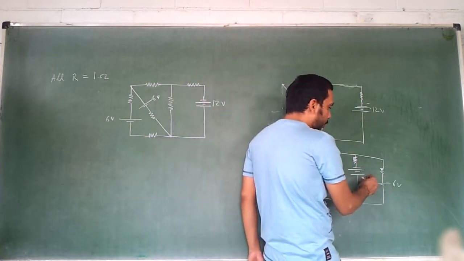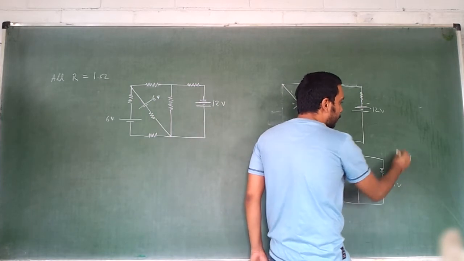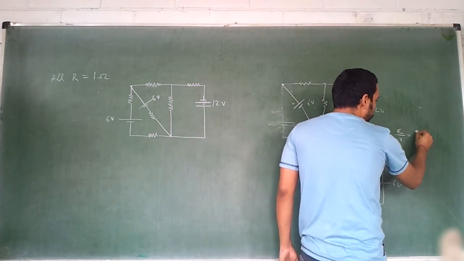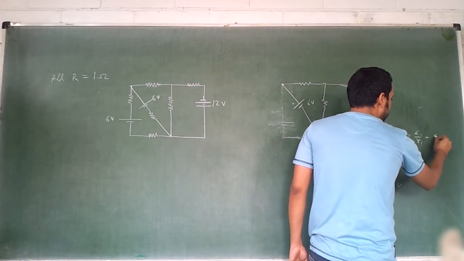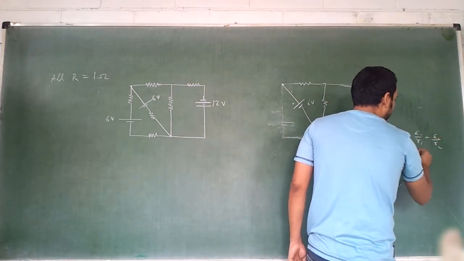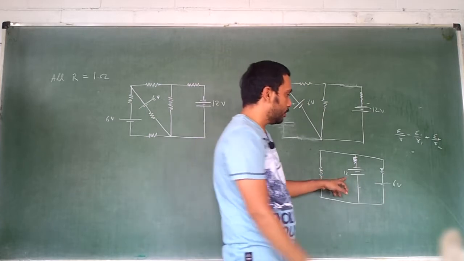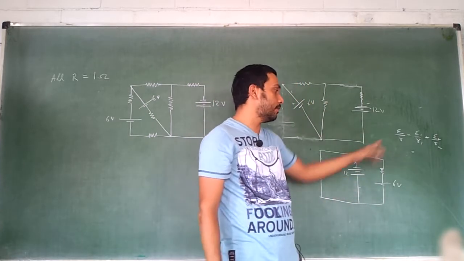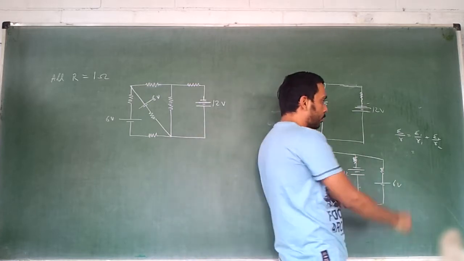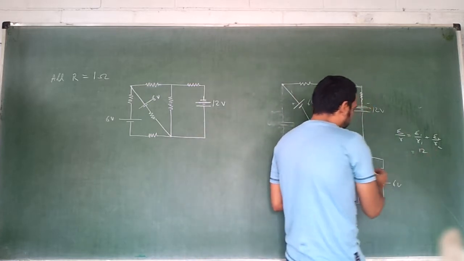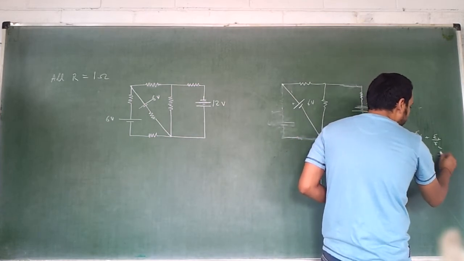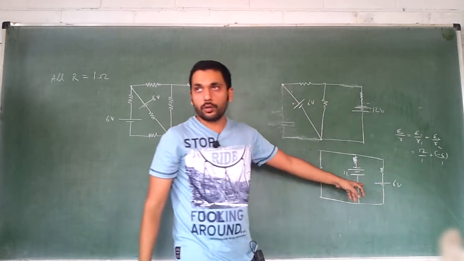It has got a new E, and what is that E? Given by the formula, E by R is equal to E1 by R1 plus E2 by R2. Say downwards I am taking as positive, whatever comes downward I will take as positive, then 12 is positive over here. 12 by internal resistance 1 plus minus 6 by 1. It is opposite or not?